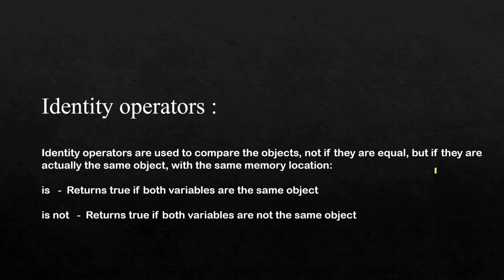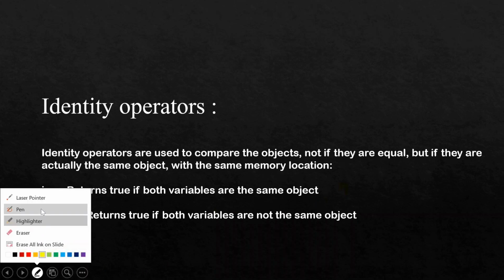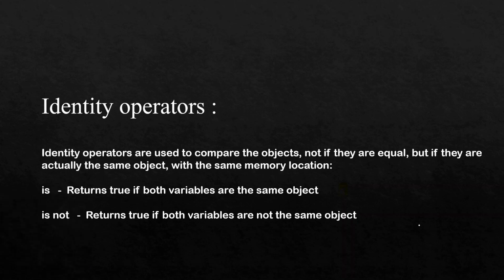It actually compares whether both objects are the same or not. See, if I am writing over here x equals 10, so this x becomes an object of Python, and it is an integer type object.